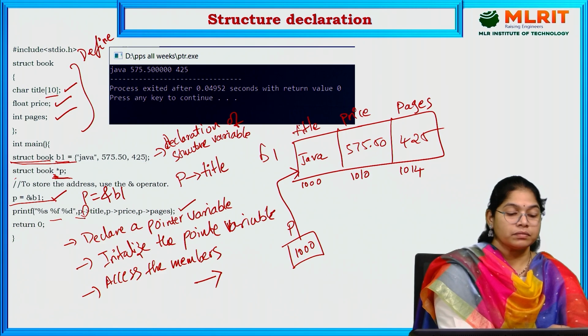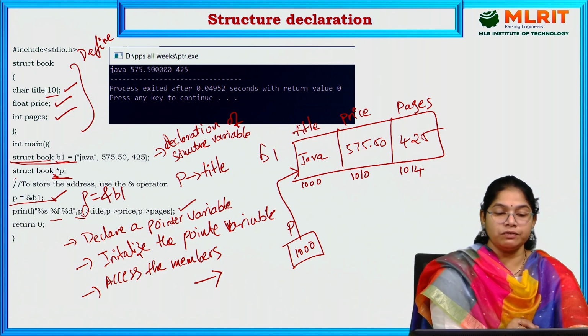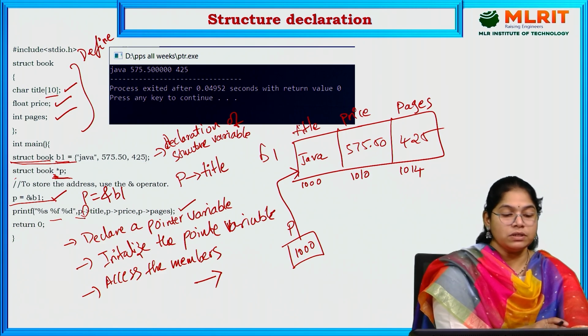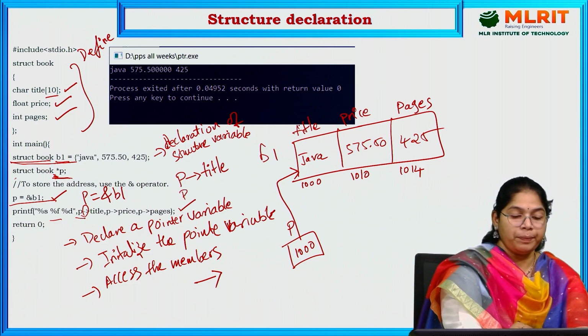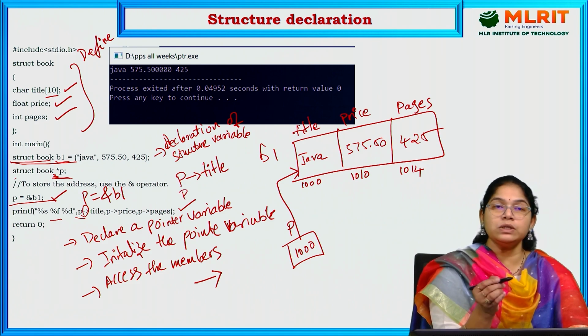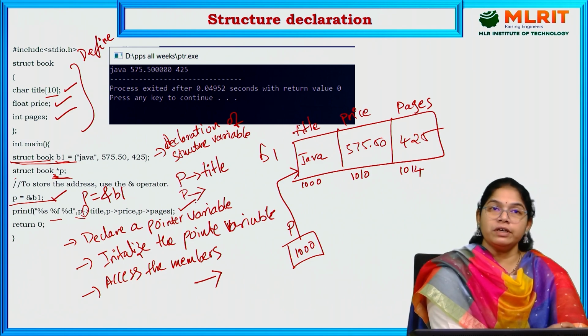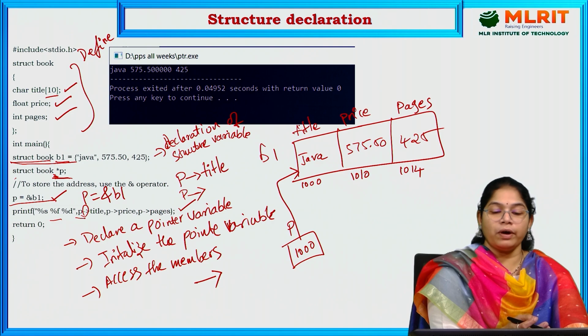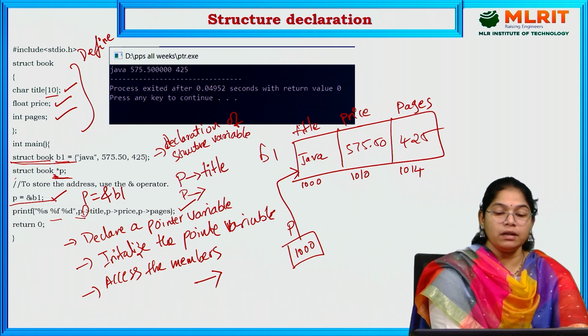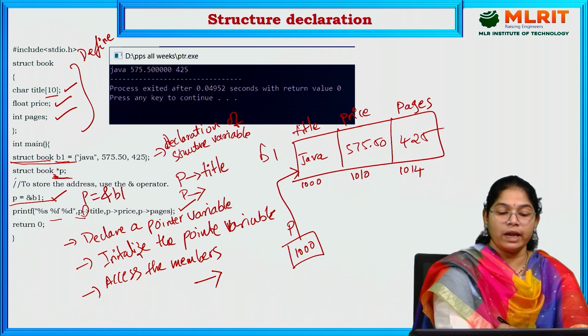Then I want to access the price using a pointer variable. The pointer variable is p. To fetch the details, we need the arrow operator, since we are fetching the details using a pointer. Which value am I printing?